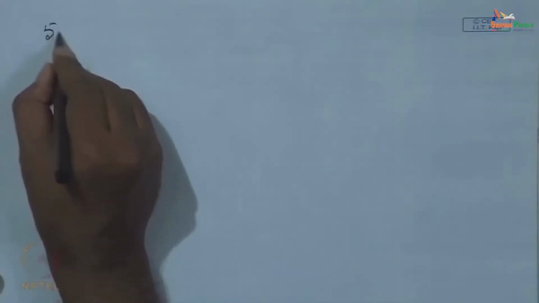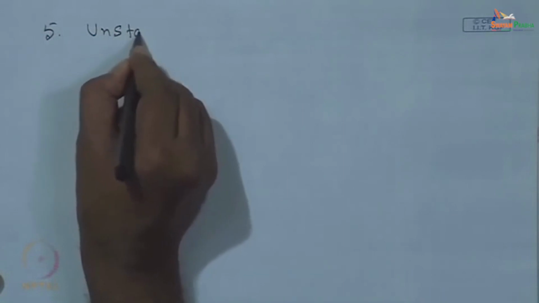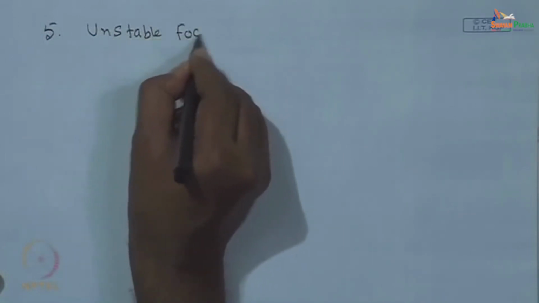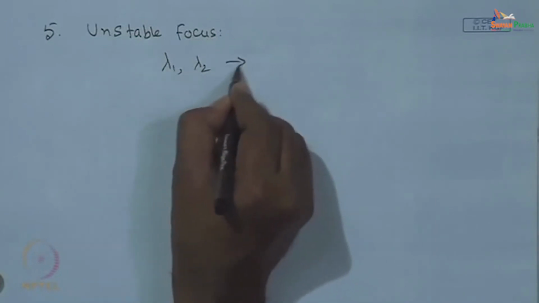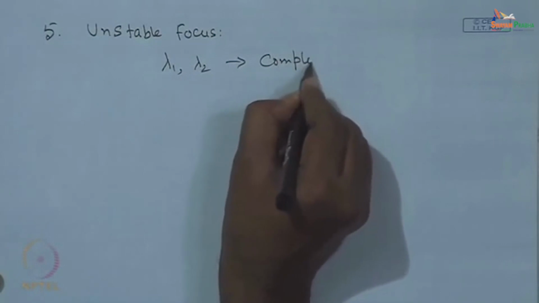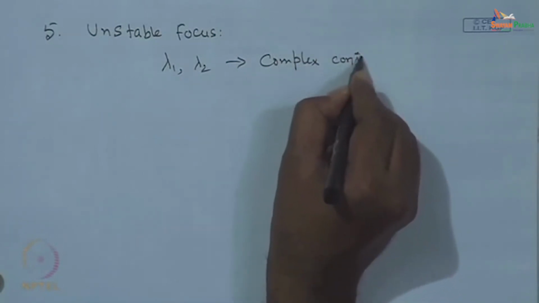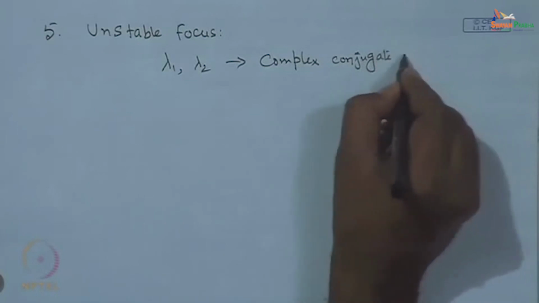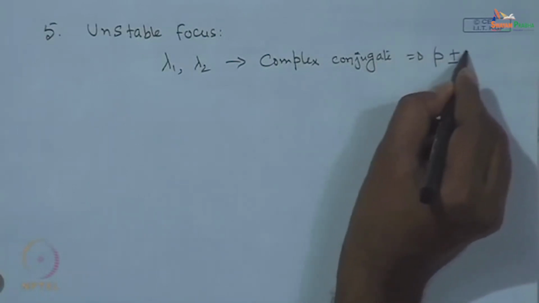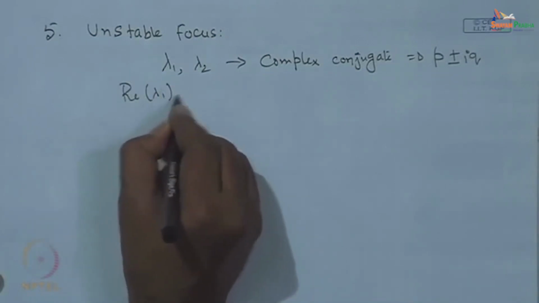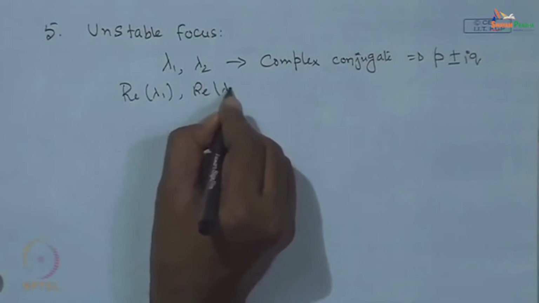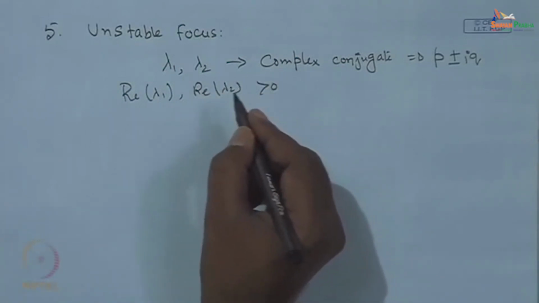In the case of an unstable focus, lambda 1 and lambda 2 are complex conjugate, in the form of p plus minus i q, and the real values of lambda 1 and lambda 2 are always greater than 0.